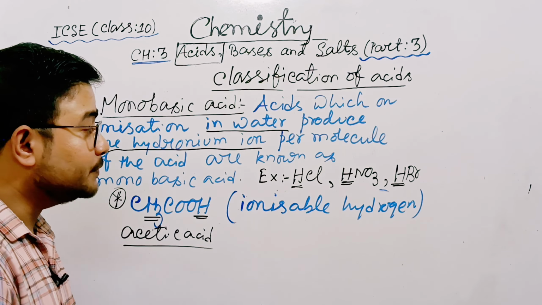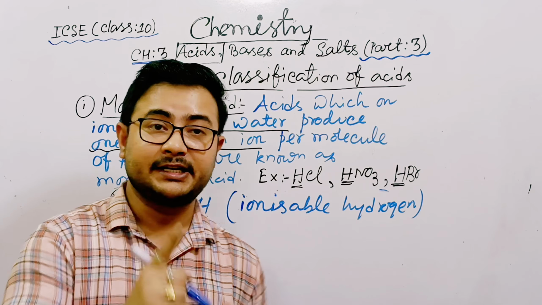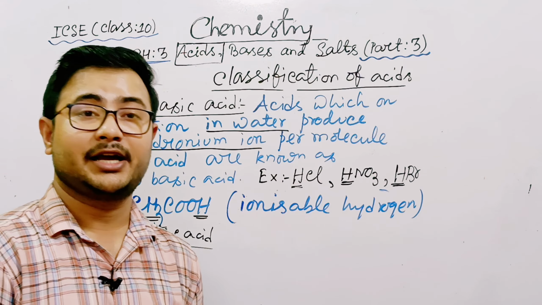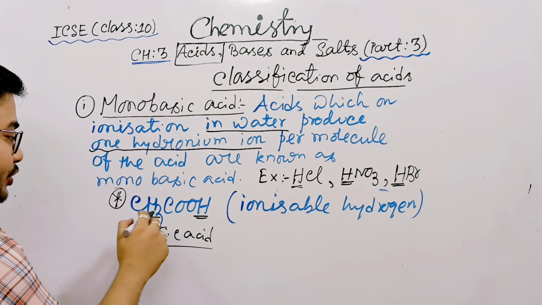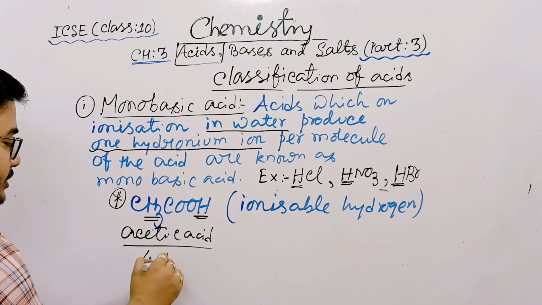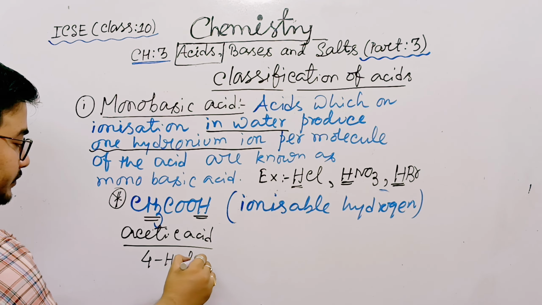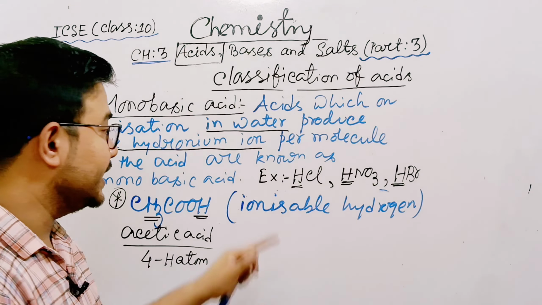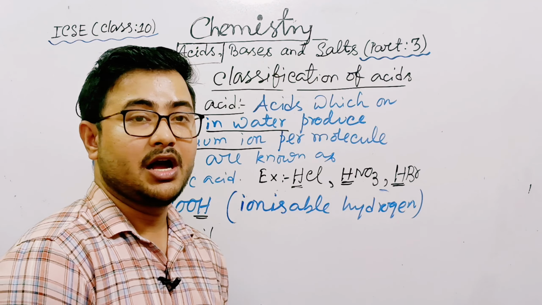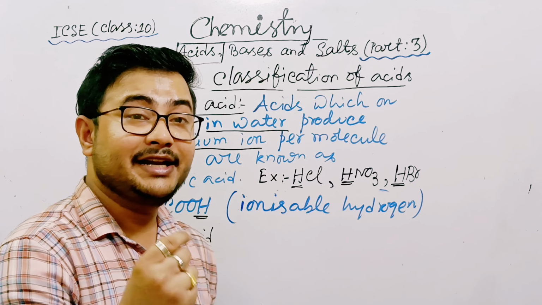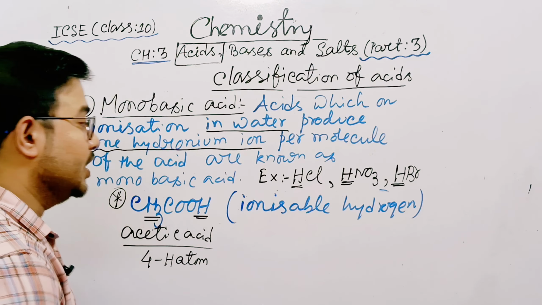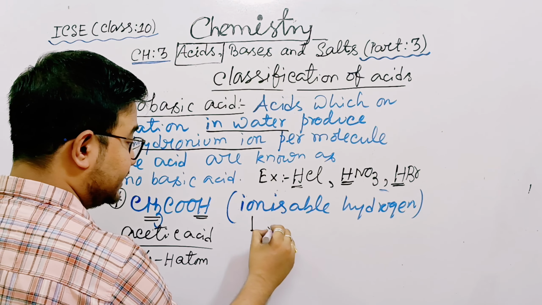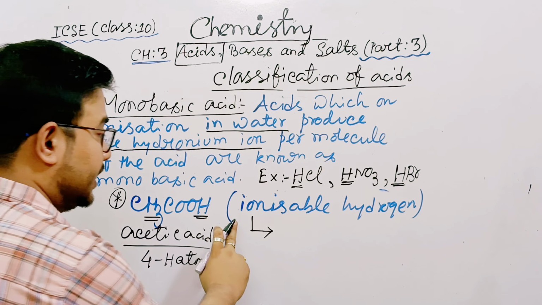Most students don't have a clear idea about ionizable hydrogen. What is ionizable hydrogen? See, here a total of 4 hydrogen atoms are there, but the ionizable hydrogen is only 1. How will you identify which one among these 4 is ionizable? Look at the board. You cannot get this concept anywhere.